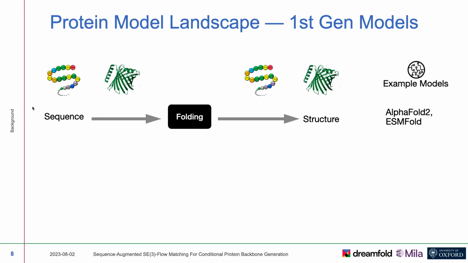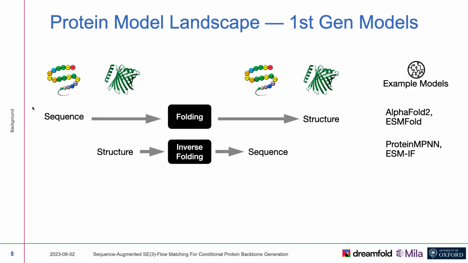So you learn to fold a sequence of amino acids into the 3D coordinates of the atoms. There's the other task, inverse folding. Now you start with a structure and you try to predict the sequence of amino acids that could have folded into this structure. Two known models in this area are ProteinMPNN and ESM inverse folding.